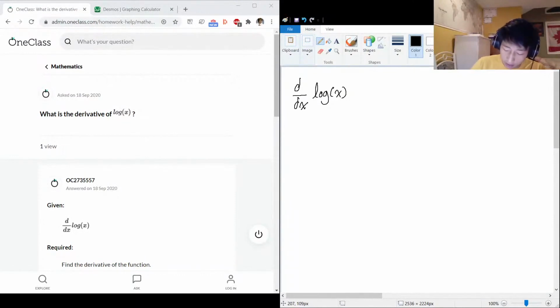But the result of this is we are going to do 1 divided by the natural logarithm of the base, multiplied by what's inside. And then we need to multiply this whole thing by the derivative of what's inside because of the chain rule. Don't forget the chain rule.